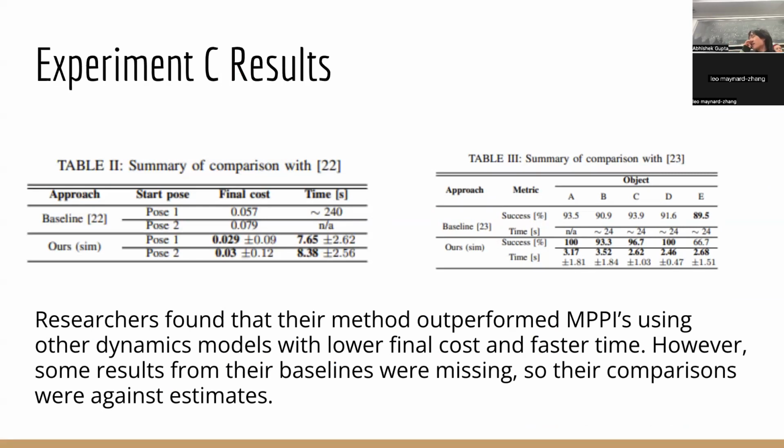One caveat of the results is that sometimes the data they were comparing their model against was incomplete, so they kind of guessed on those. If you ever see a squiggly line, they're guessing. Especially in table 3, they were guessing for all of the time. So I don't know how true those results were, but they felt that theirs was better.